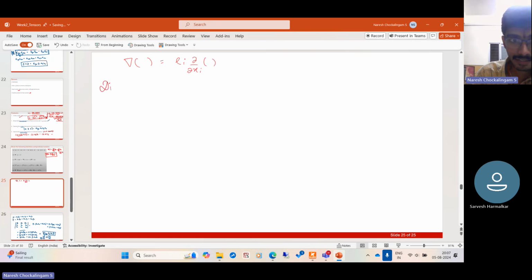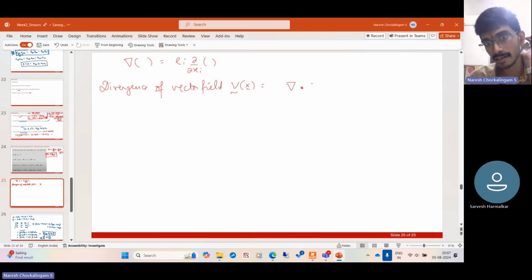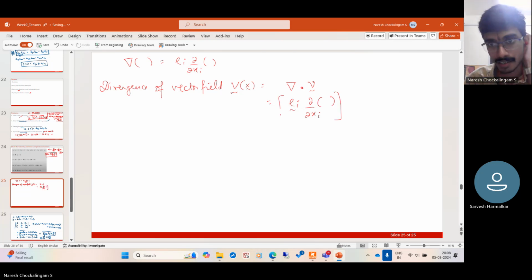Now the divergence of a vector field V, which is a function of x, is what? It is grad dot that vector field, right? So it is e_i dou by dou x_i. This is an operator, and it is dotted with the vector field V.